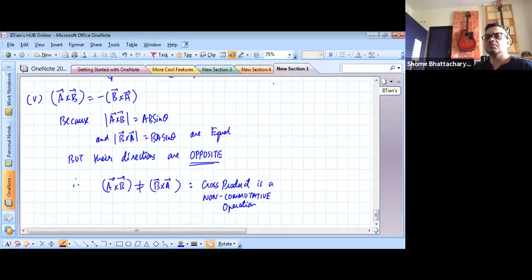I mean that A cross B is minus of B cross A. Unlike dot product, which was commutative. Yes, we will discuss that. It is distributive in fact.